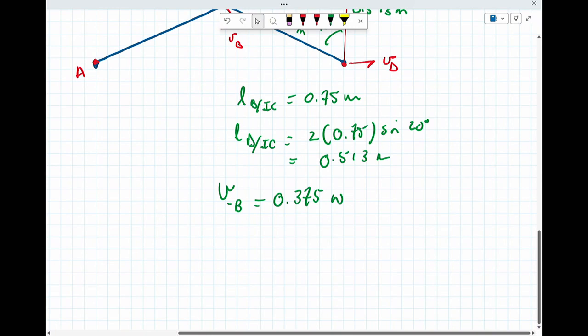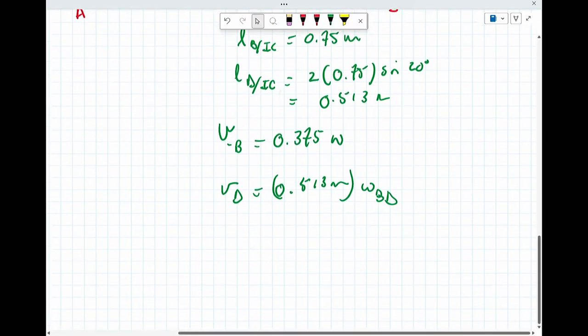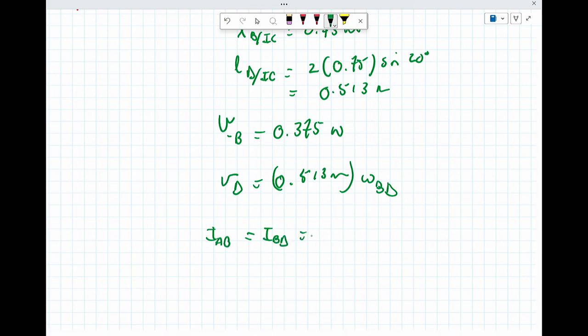And velocity of D is 0.513 meters times omega BD, and IAB equals IBD, which equals 1/12 ml squared, which when you put the numbers in, is 0.281 kilogram meter squared.